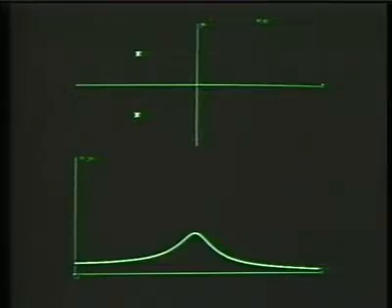Next, we'd like to look at the behavior as the poles move parallel to the real axis, first closer to the j omega axis and then further away. As they move closer to the j omega axis, the resonance sharpens because the pole vector gets shorter and changes in length more quickly as we move past it, moving along the j omega axis.